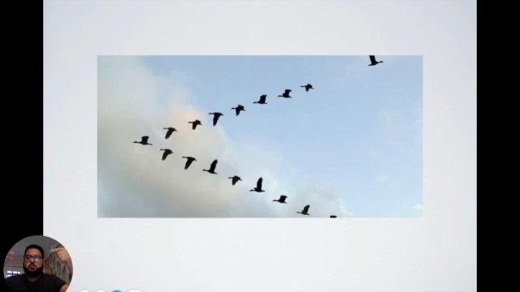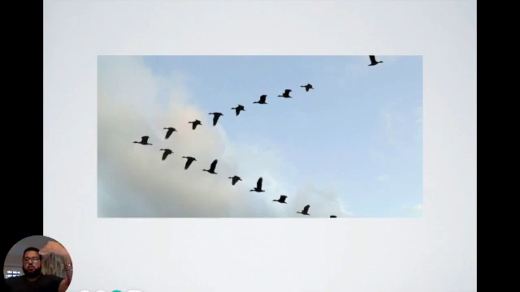But by doing that formation, by the birds flapping their wings, it's actually supporting the birds at the back. So when the leader gets tired, the leader will fall and go to the back of the V, and someone new will go along. And they take this in turns.